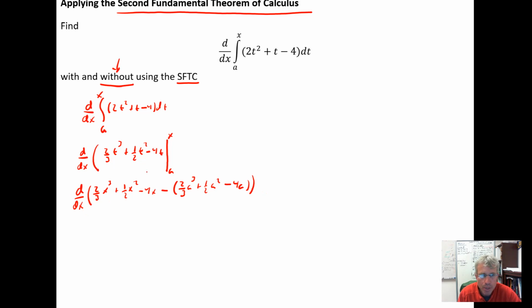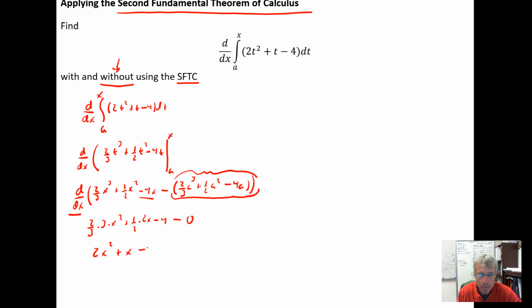And then once we integrated, we would differentiate the result. So we get 2/3 times 3 times x squared, plus 1/2 times 2x, plus the derivative of minus 4x, which is just minus 4, minus, and this is just a number, a constant because a is a real number, so the derivative is 0. Then you simplify: 2x squared plus x minus 4.